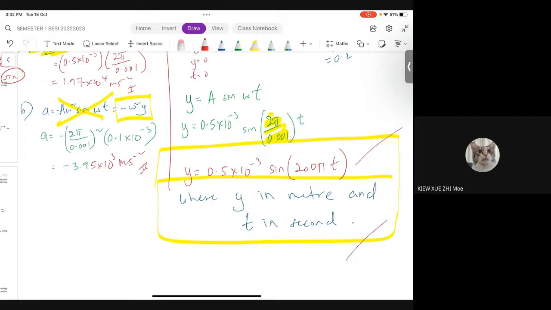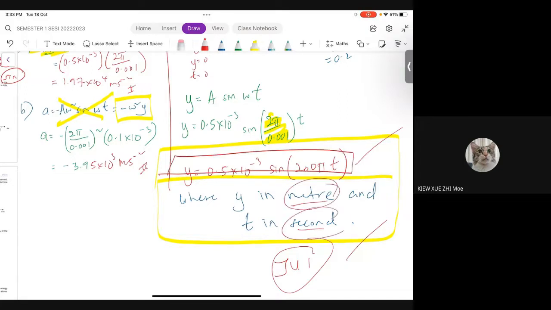Unit because JU1, jawapan unit 1 markah. Even though your expression is correct but you don't put the unit, you will get 0. Because they only 1 mark, dia tak ada 0.5 mark, tak ada. Dalam matrik dia tak ada separuh markah. Dia ada either 1 or 0. So sayanglah you dah pandai dah buat ni tapi you terlupa nak letak unit. So please be careful, unit wajib ada.